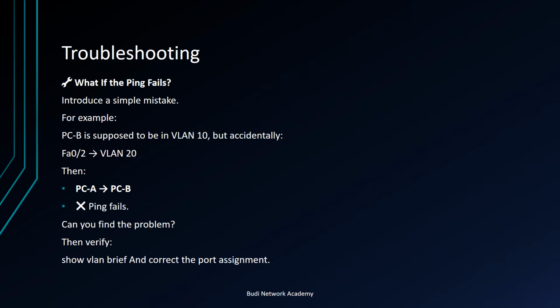Let's imagine that PCB's port was accidentally assigned to VLAN 20 instead of VLAN 10. Now PCA is in VLAN 10 while PCB is in VLAN 20. That would explain why the ping is failing. So let's verify the VLAN configuration and find the problem.